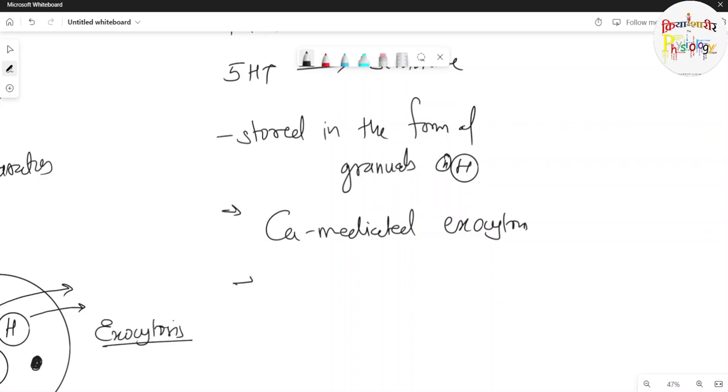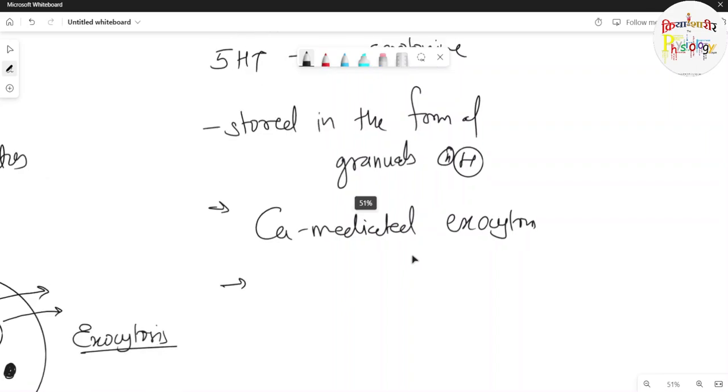It means when cells get stimulated, calcium concentration increases in the cytosol or cytoplasm, and due to that increase in calcium ion concentration, these granules containing hormone are secreted outside the cell by the method of exocytosis. Okay, so these are the derivatives of amino acids or amines.